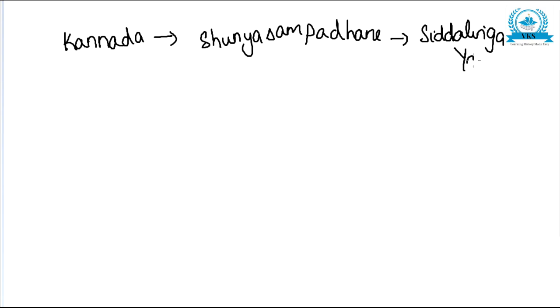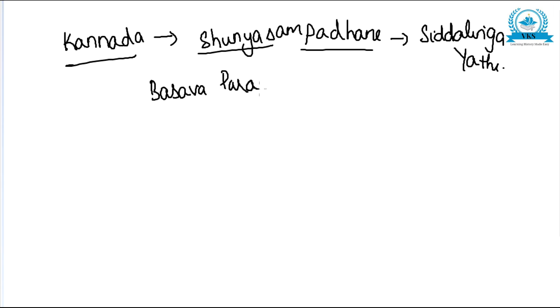So the first important work in Kannada was Shunya Sampadane, written by Siddhalingayati. Next one, Basava Purana. Basava Purana was the next important Kannada work, written by Bhima Kavi.